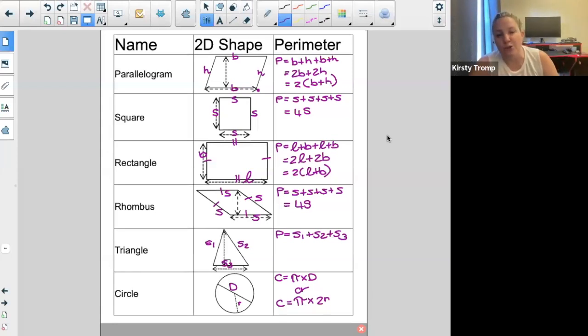The perimeter for a circle is called a circumference. I'm going to give you 10 more seconds to take a screenshot there.